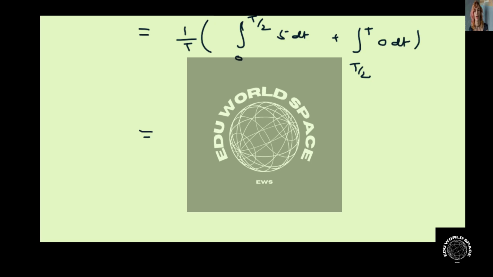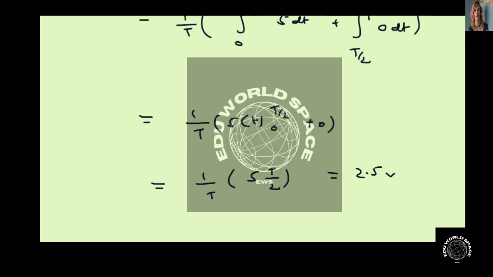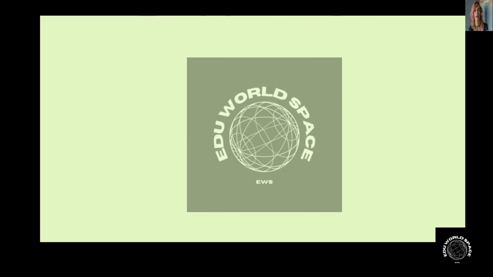So it will be equal to 1 by T multiplication 5 multiplication T from 0 to T by 2 plus 0. So this value will be equal to 1 by T multiplication 5 multiplication T by 2, which is equal to 2.5V.